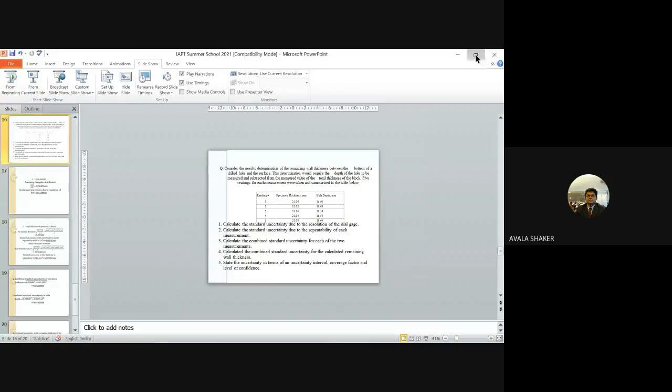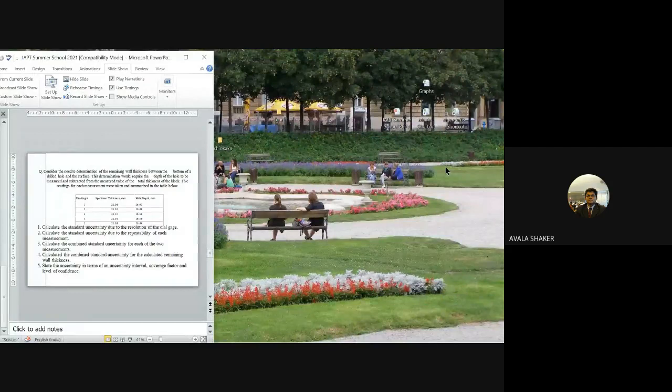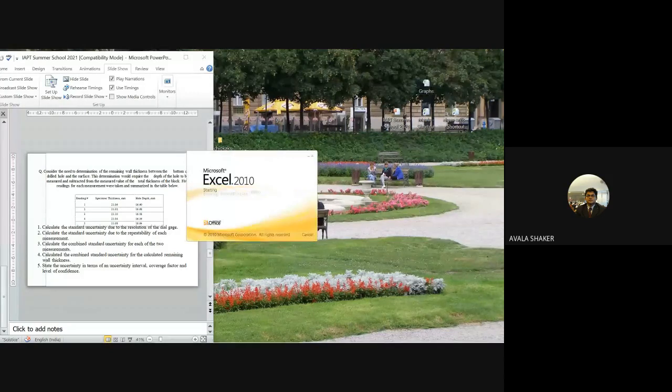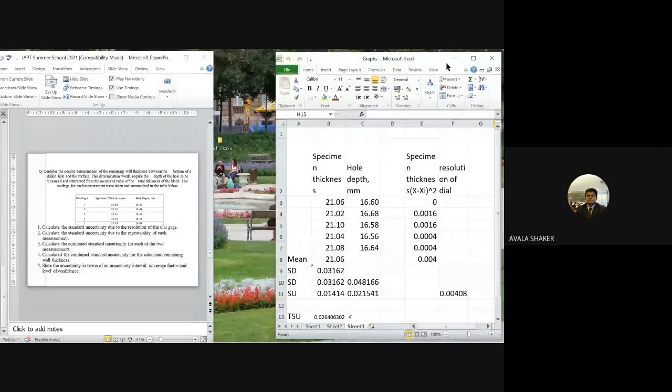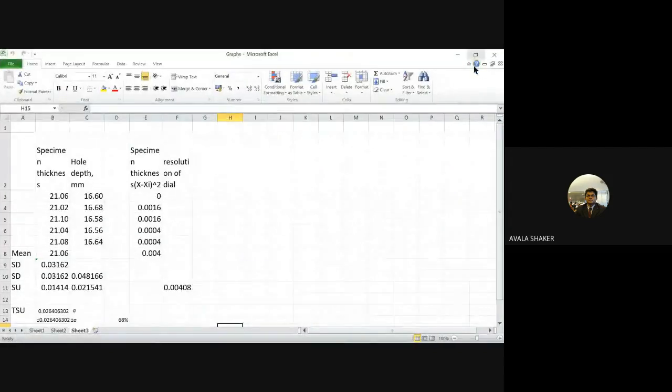Let us do this here. This is our data. What do we want to get? We want the mean.